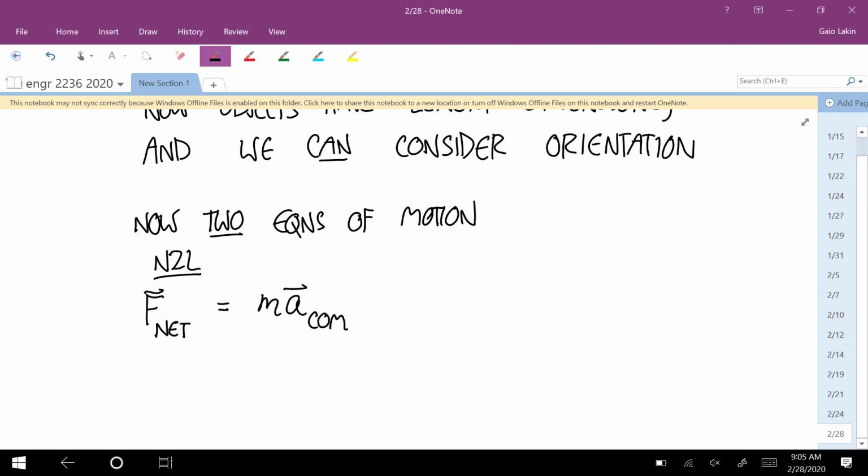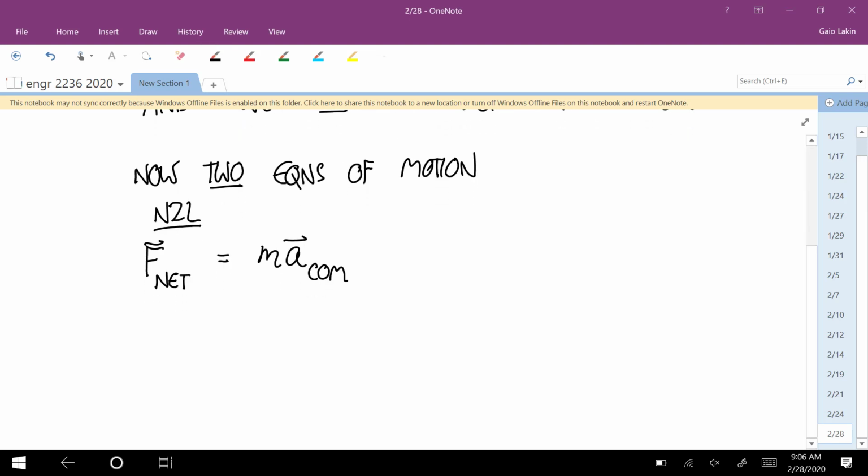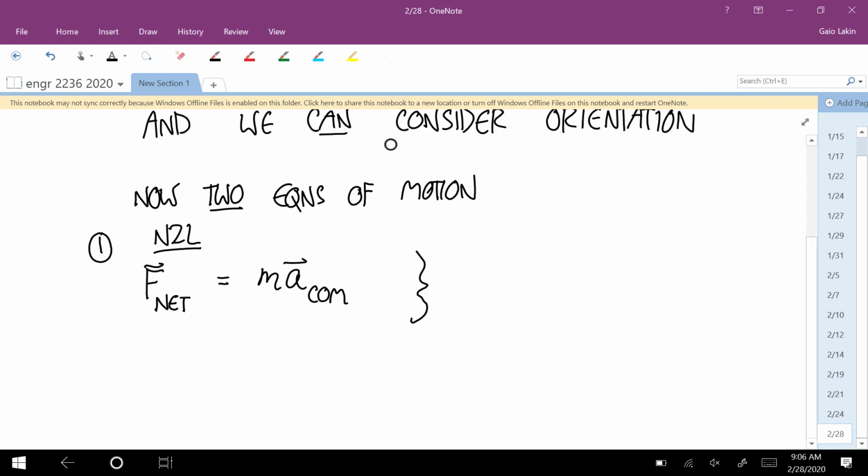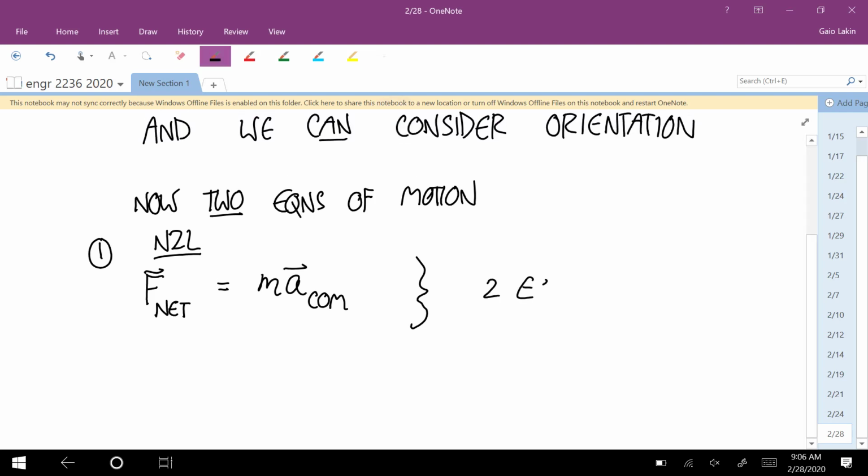They can't both be equal to the net force divided by the mass, so you need to specify one point where Newton's second law holds. So that's the first equation of motion. And in 2D, that gives how many equations? So that's two equations in 2D.